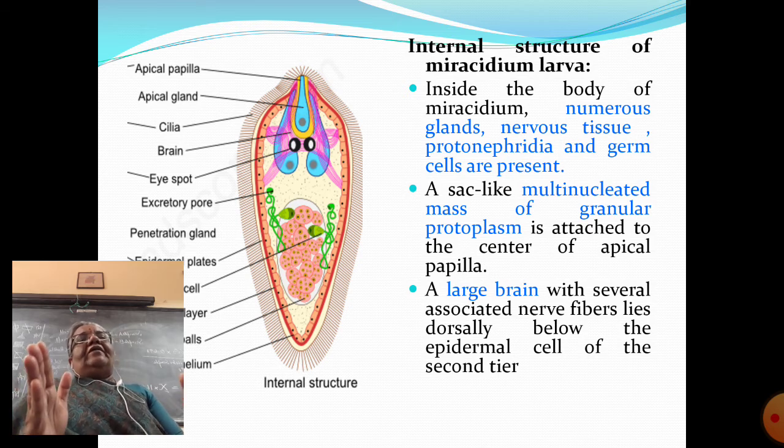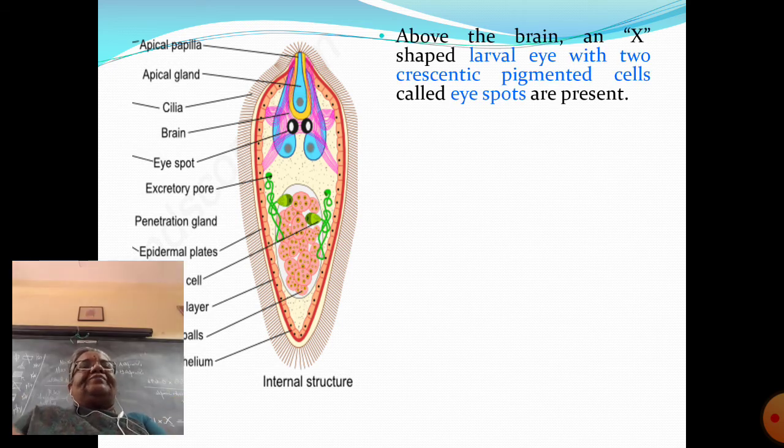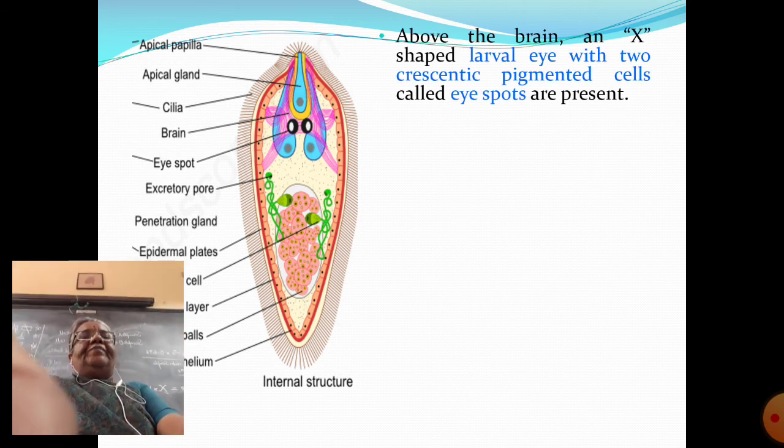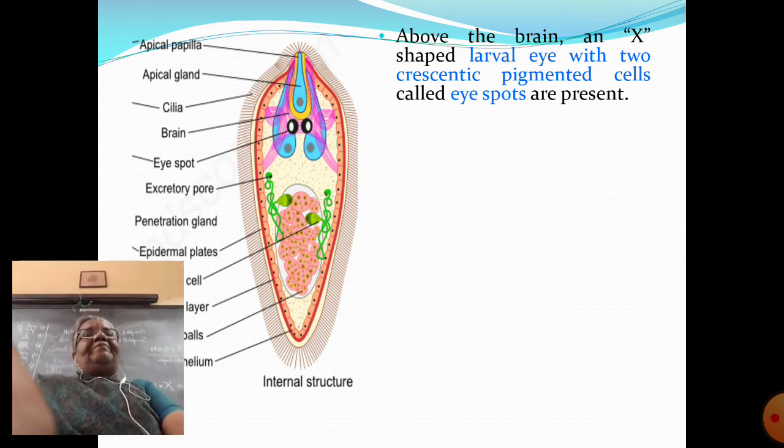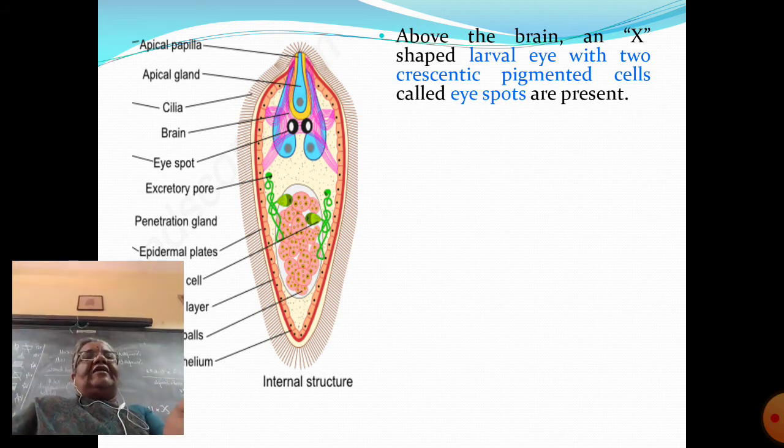So when you are talking about internal structure, you should tell what all you find. Then one by one you have to elaborate. Alright. Then, continuation of this. Above the brain you find an X-shaped larval eye. You can find an X-shaped larval eye with 2 concentric pigmented cells.